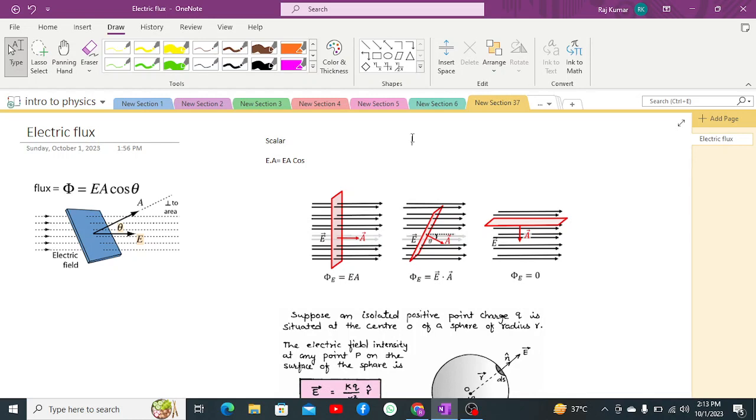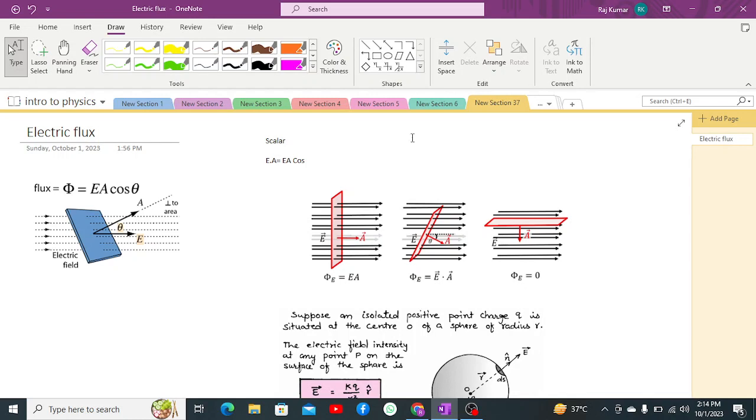If theta is greater than 0, the angle lies in the first quadrant, so the electric flux will be positive. If theta is greater than 90, electric flux is negative in the second quadrant. If theta is greater than 180, electric flux is negative in the third quadrant. If theta is greater than 270 or less than 0, the electric flux is positive in the fourth quadrant.